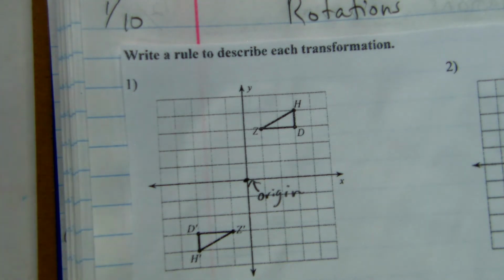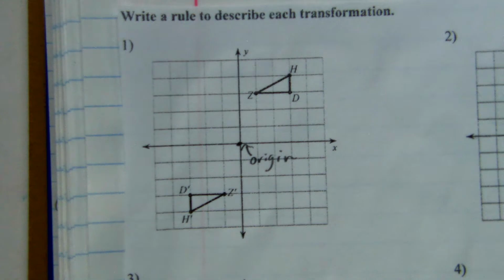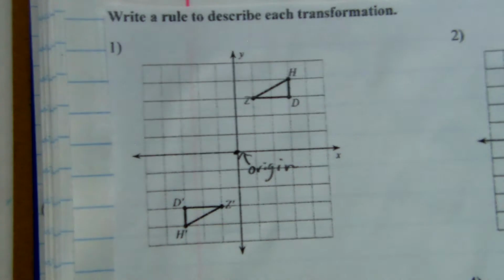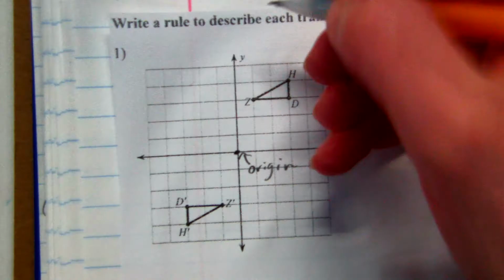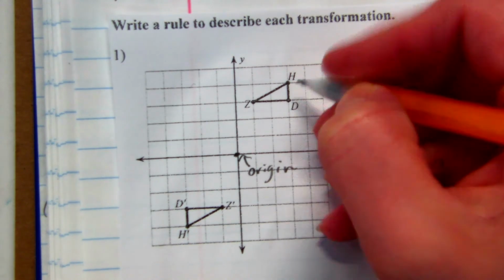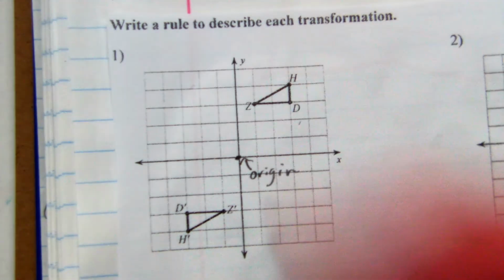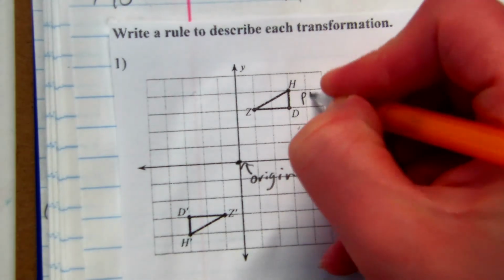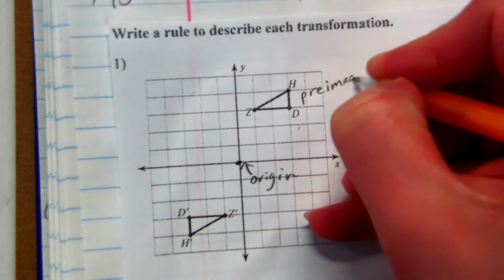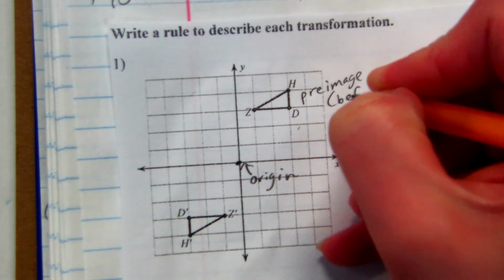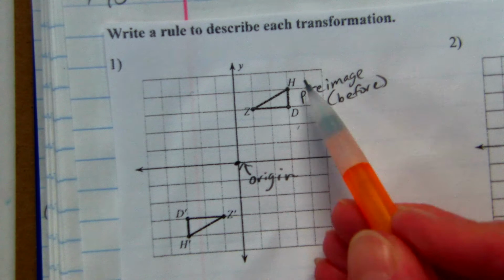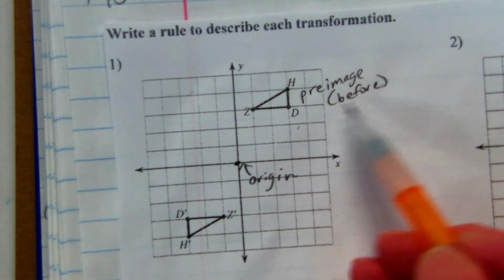The first thing you want to do on each one of these is identify which picture is the pre-image and which is the image. So those are some terms we looked at a little bit before Christmas. It's been a while. So we're going to mark these on the picture. The one that doesn't have the primes, it just is H and D and Z, just random letters, we call this the pre-image. And this is the before image, before you moved it. This is the original. So you should be writing this on your notes.